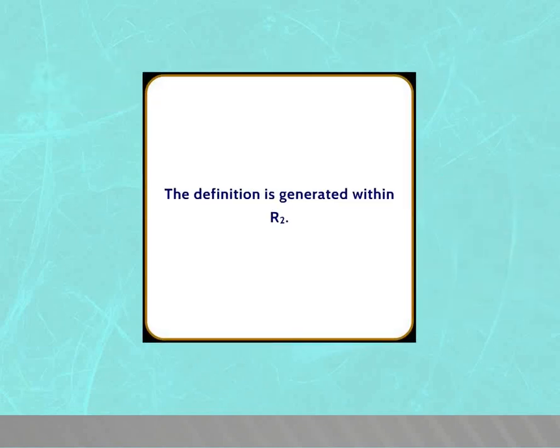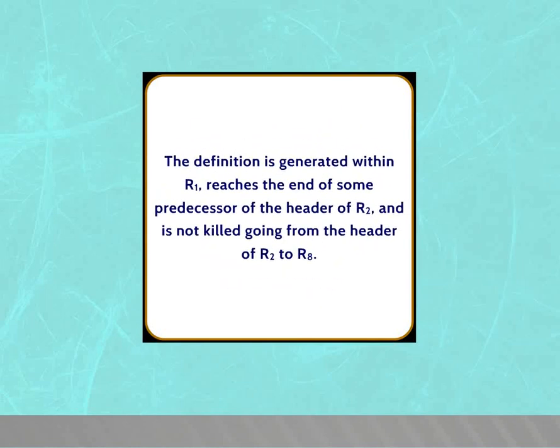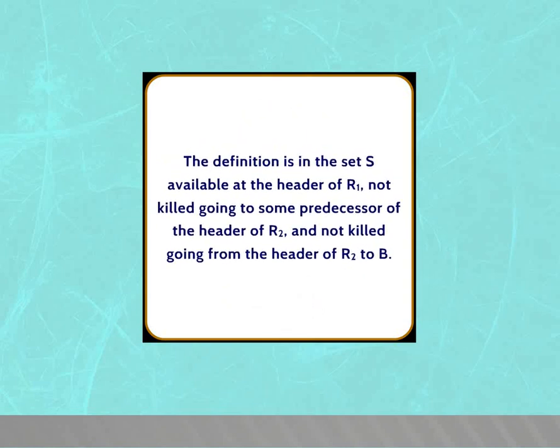For B in R2, a definition reaches the end of B if one of these holds: the definition is generated within R2; the definition is generated within R1, reaches the end of some predecessor of the header of R2 and is not killed going from the header of R2 to B; or the definition is in the set S available at the header of R1, not killed going to some predecessor of the header of R2 and not killed going from the header of R2 to B.